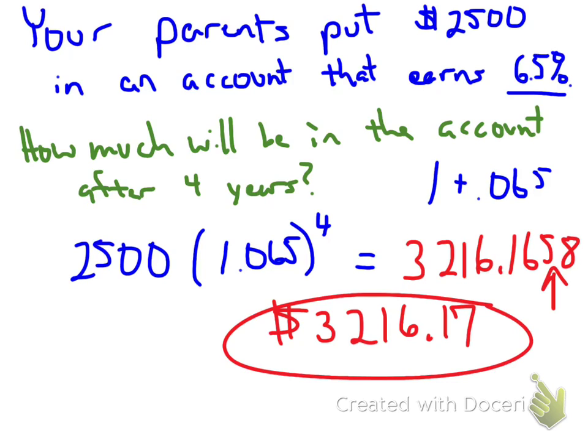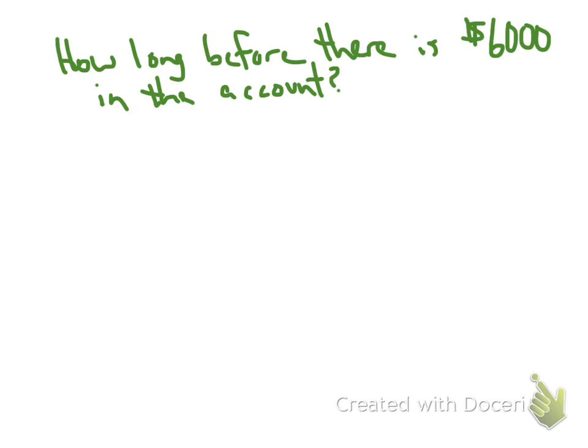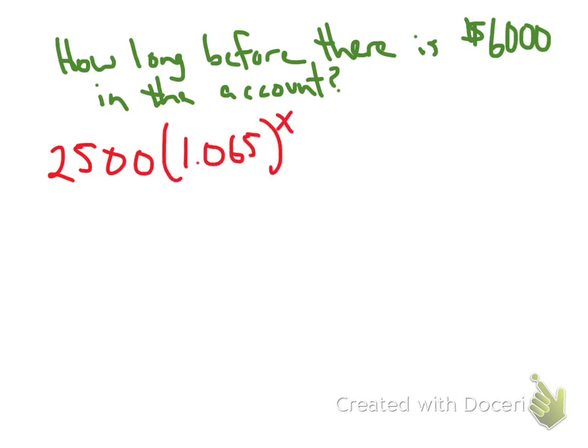The next part of this problem. How long before there's $6,000 in the account? Well, if I take a look at my equation, and I set it equal to 6,000, I now need to solve for x.